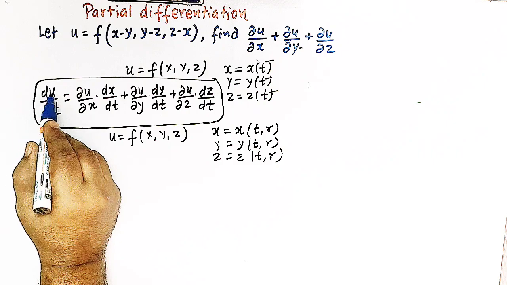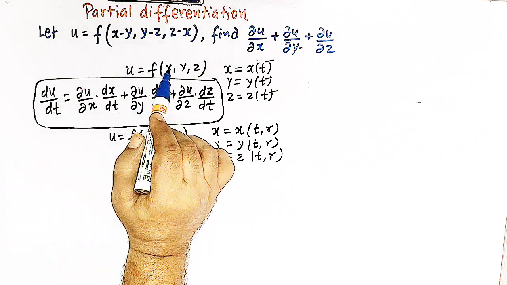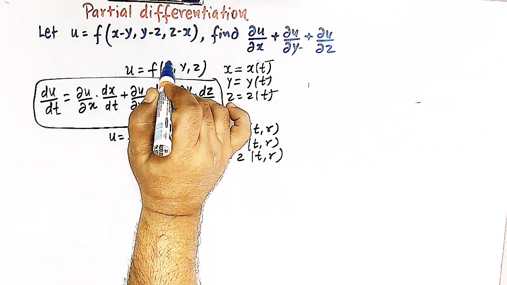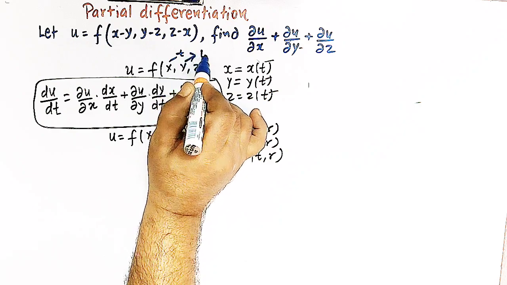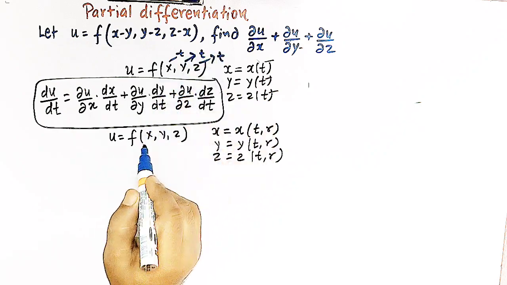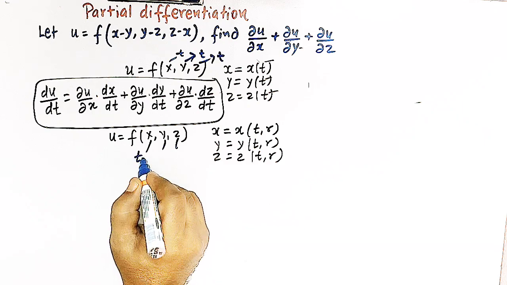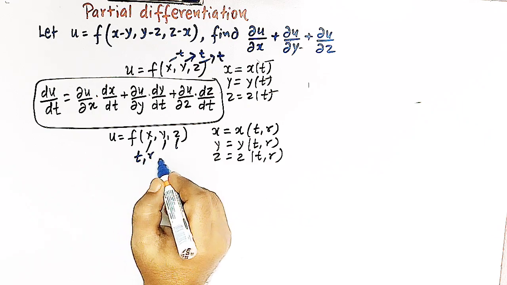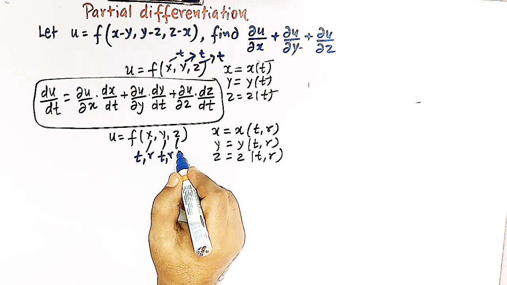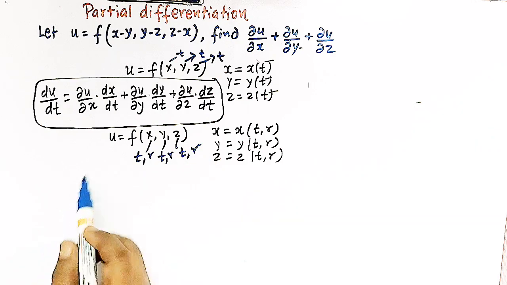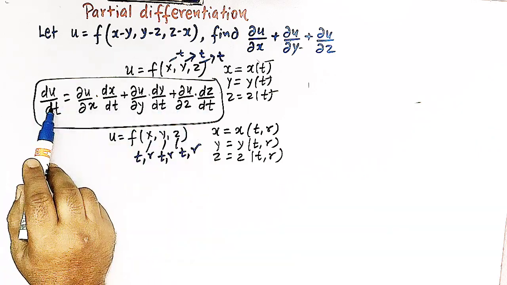So here we have du over dt, and x, y, and z are functions of t only, right? And here x, y, and z are functions of two variables, that is t and r. Here also t and r, and here also t and r. So let us modify this expression.